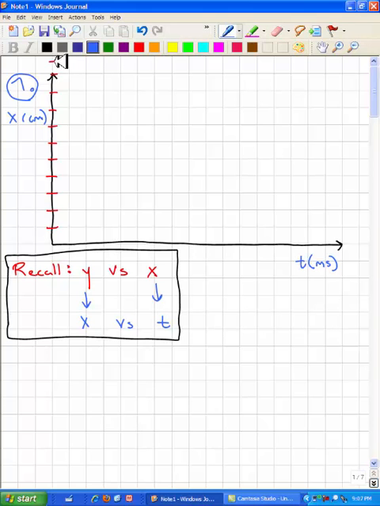So, at 0, we are at 25. So we are all the way up here, and that's 2 seconds. So let's say 2, 4, 6, 8, 10, 12, 14, 16, 18, 20, 22, 24, etc. So this is broken up into 2, 4, 6, 8, 10, 12, 14, and so on.